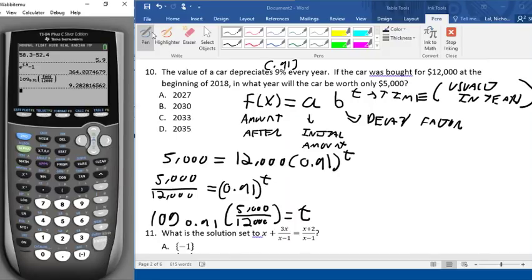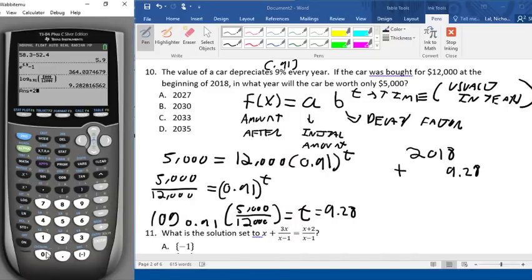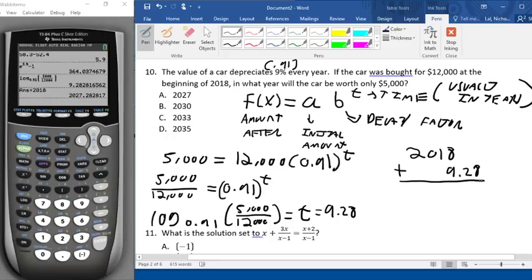So t is going to be equal to 9.28. And if you're in the year 2018, add 9.28 years. So add this to 2018. And we are in the year 2027.28, which is going to round out to 2027.